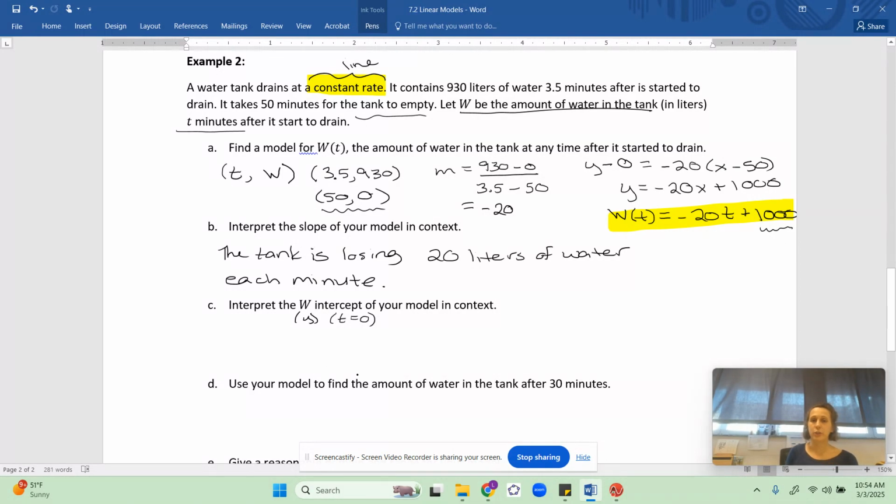That's the initial amount of water in the tank. So the tank starts initially with 1,000 liters of water.